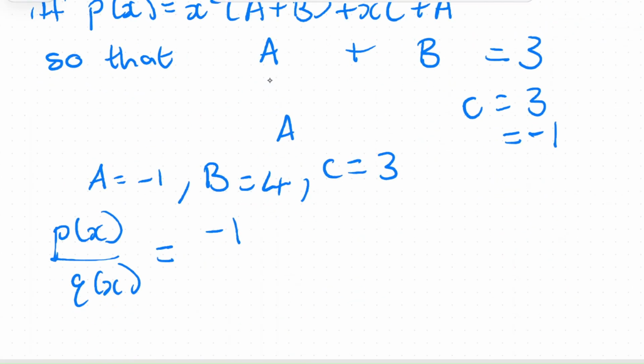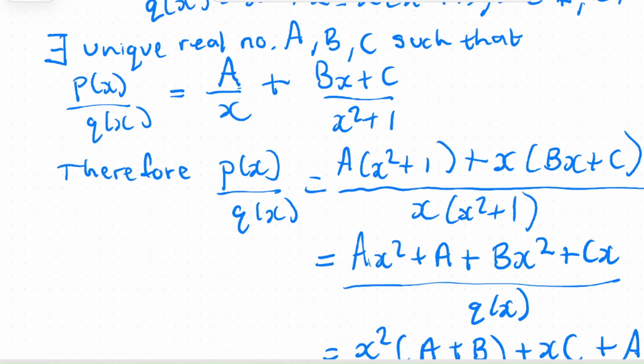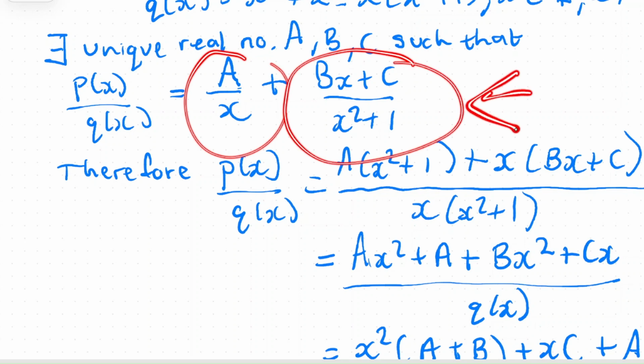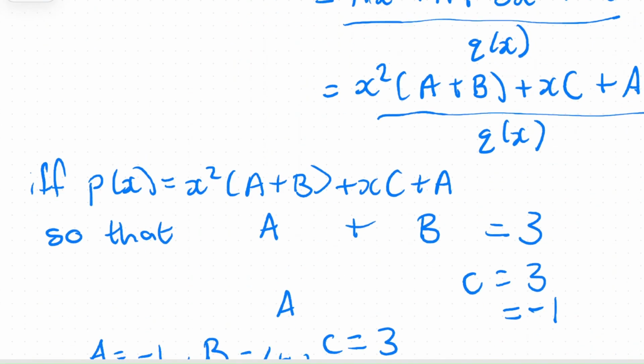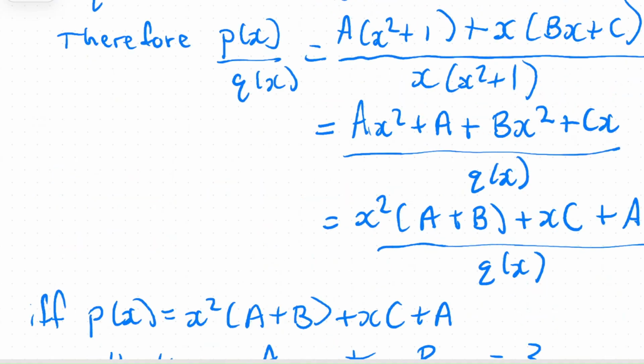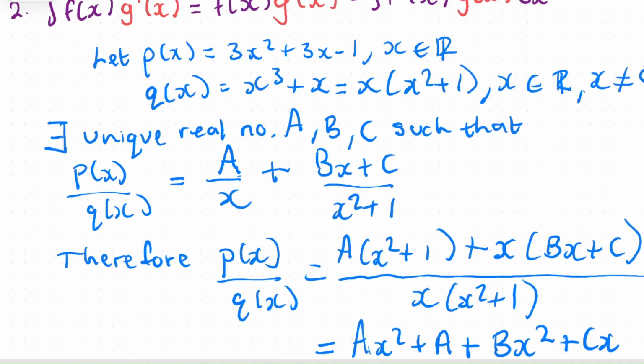So then we can say minus 1 divided by x plus, and remember, because we're going back to when we said that p of x over q of x is equal to a over x plus bx plus c. So we're substituting this back into this, right? Where we know that a is equal to minus 1, b would be equal to, let's see again, it was 4, and then c is equal to 3.